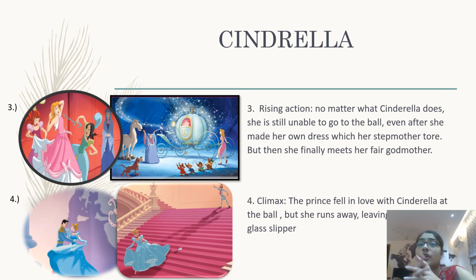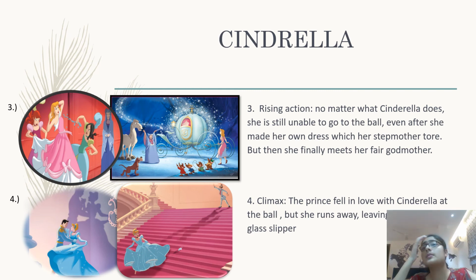The third point we have is the rising action. The rising action, as I said, is her journey towards the climax. It's how she goes from the inciting incident to the climax. So our inciting incident was that Cinderella learns of the ball.